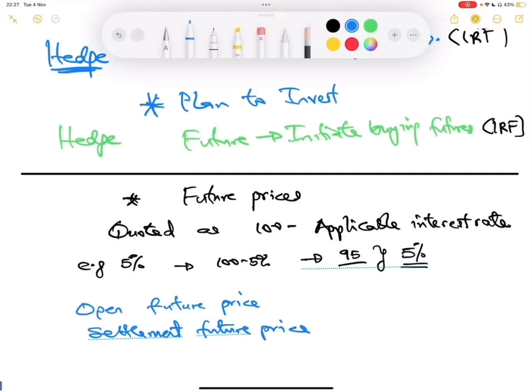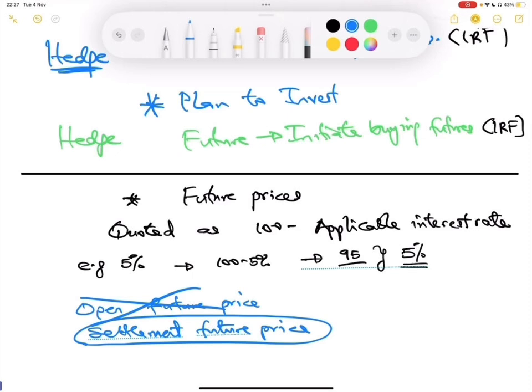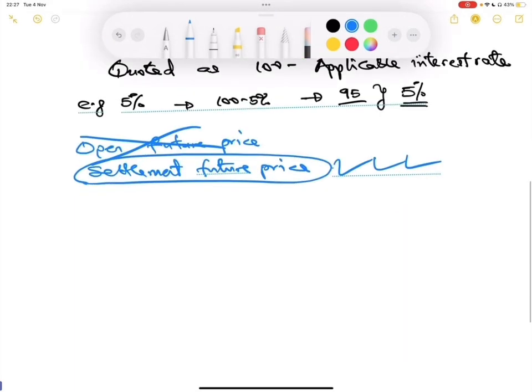Opening is the beginning, settlement is the final one that you always have to use. Anytime you see open future price, not your business. It's always the settlement future price that is relevant for what we are doing. So please take note of that.